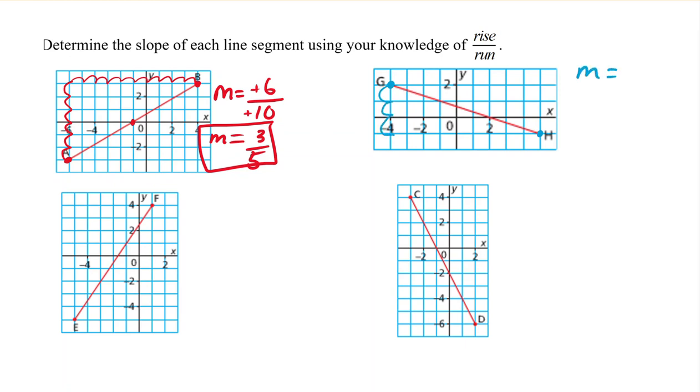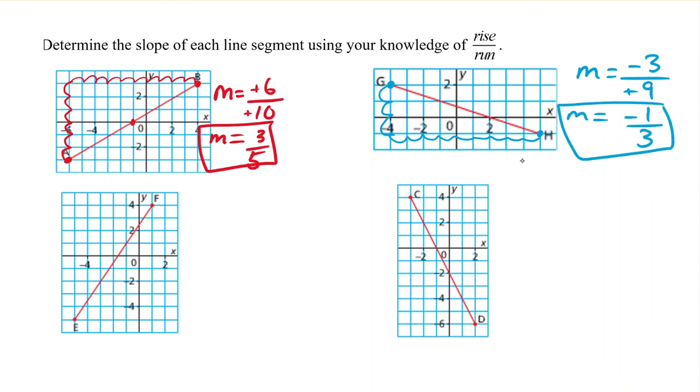So the slope is down 3, and then over 1, 2, 3, 4, 5, 6, 7, 8, 9, over positive 9. So this is going to reduce to negative 1 over 3. So the slope of GH is down 1 over 3, down 1 over 3, down 1 over 3. That's the idea.